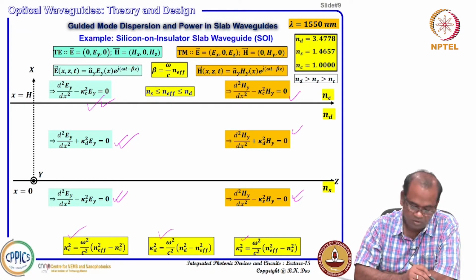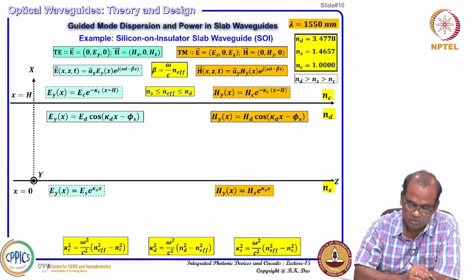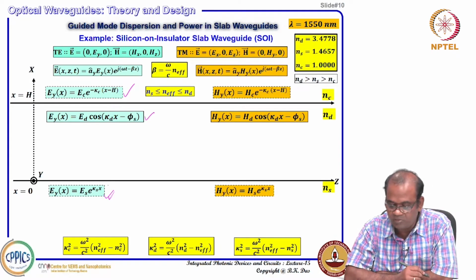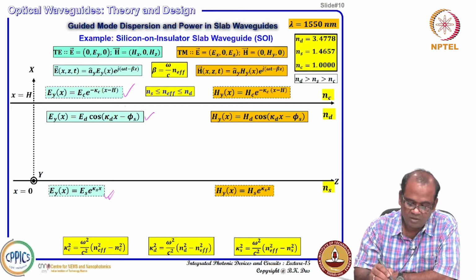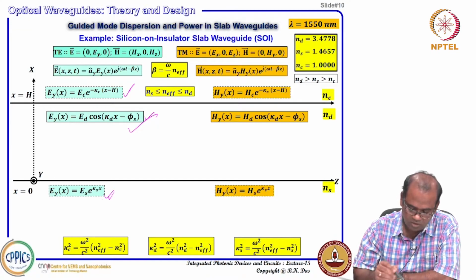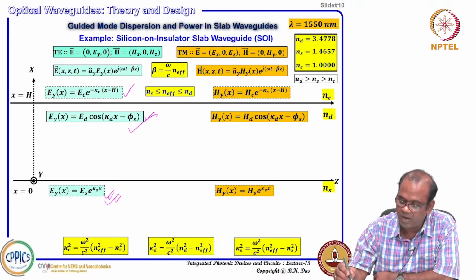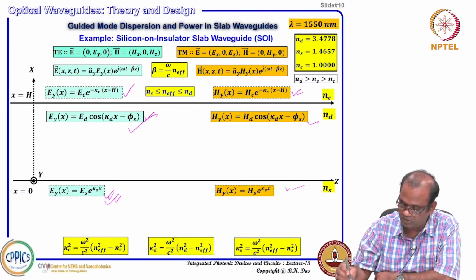Now, the solutions, which I am just repeating from the previous lectures: the electric field Ey component for TE polarization is exponentially decaying in the cover region, sinusoidal or cosinusoidal in the core region, and exponentially decaying in the substrate. For the magnetic field Hy component we have also shown it like this.